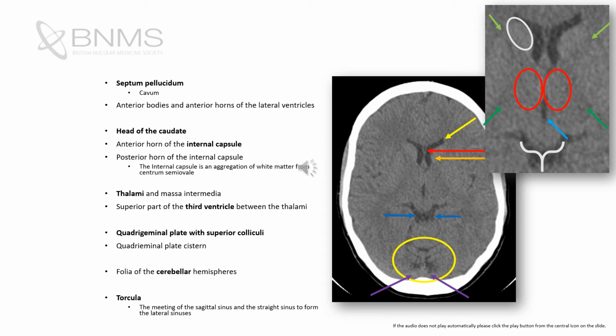The white bracket on the small magnified portion of the brain shows the position of the quadrigeminal plate, and this is going to contain a right and left superior colliculi.